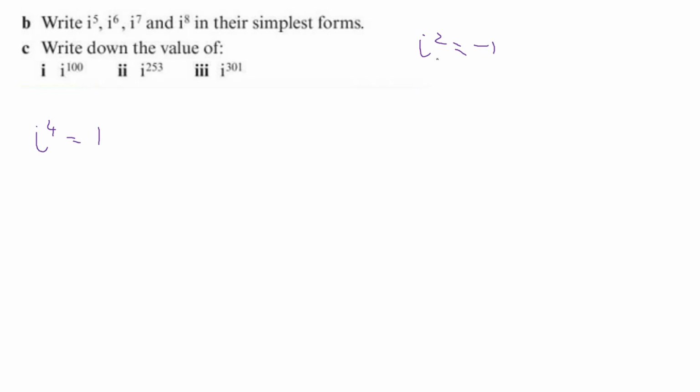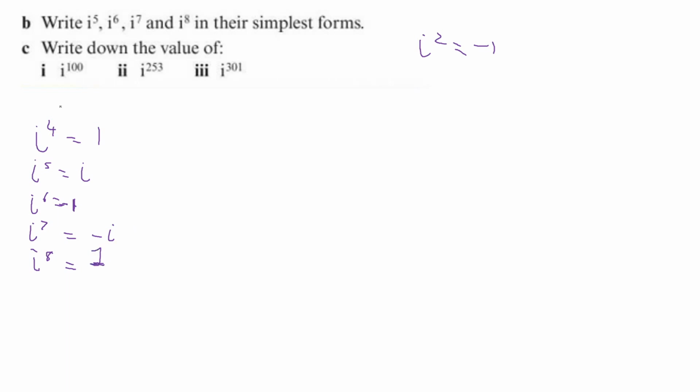Why? Because it's i squared squared. So we can work from there. i to the 5 will just be i. i to the 6 will just be minus 1. i to the 7 is minus i. And i to the 8 is 1 again.